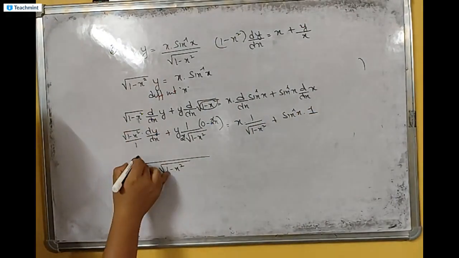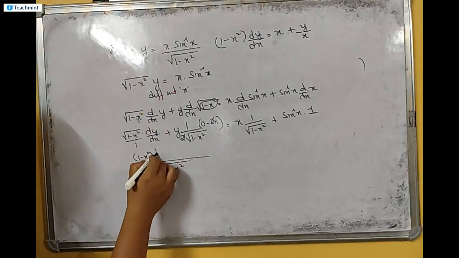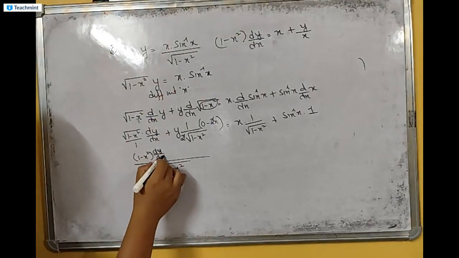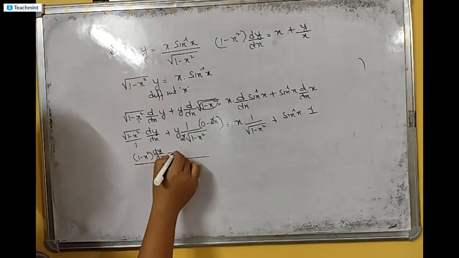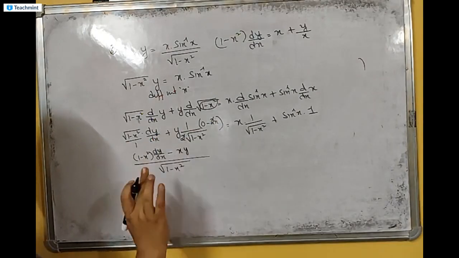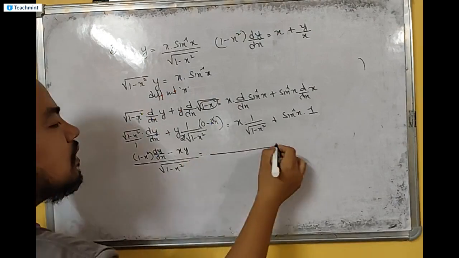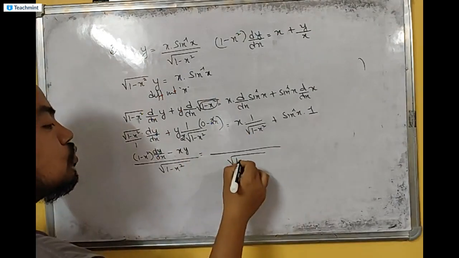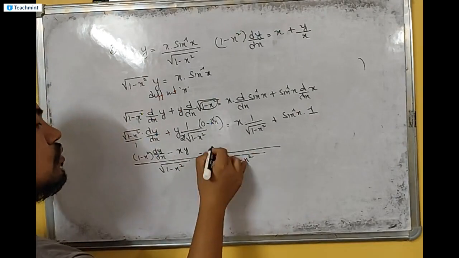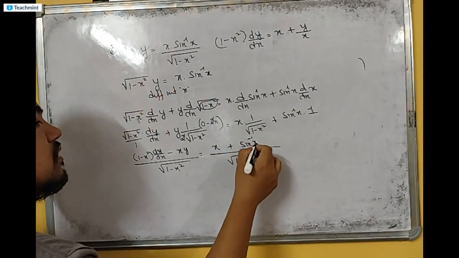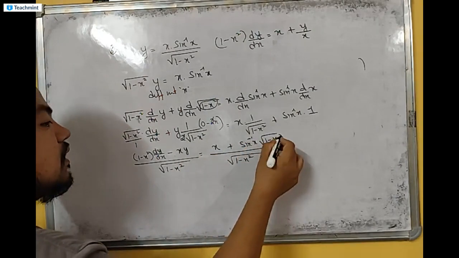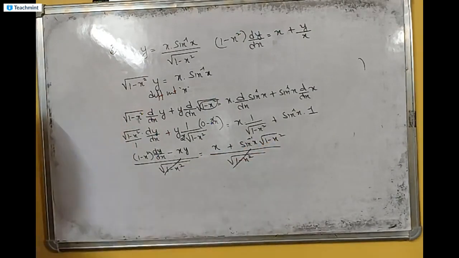Root and root get cancelled, so you are left with 1 minus x square dy by dx, sorry, this is going to be minus xy, okay, equal to. Do the same thing on this side. The LCM is root 1 minus x square, so you are left with x plus sine inverse x into root 1 minus x square. So root and root get cancelled.